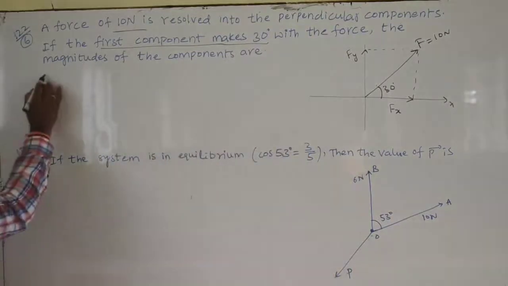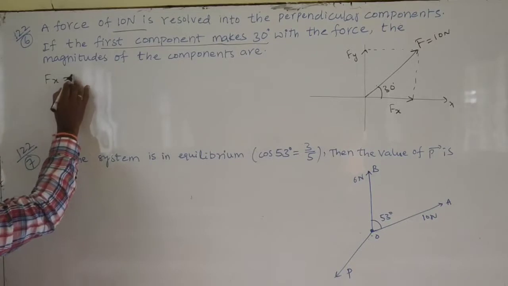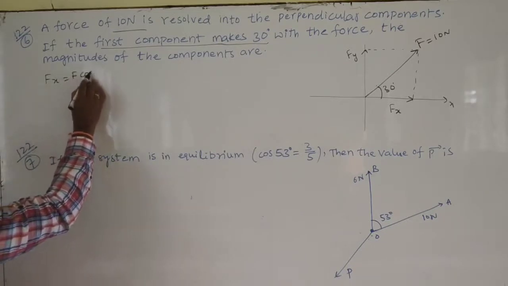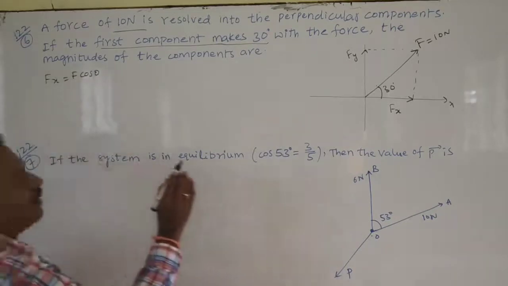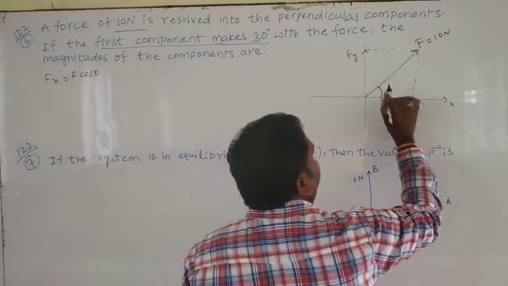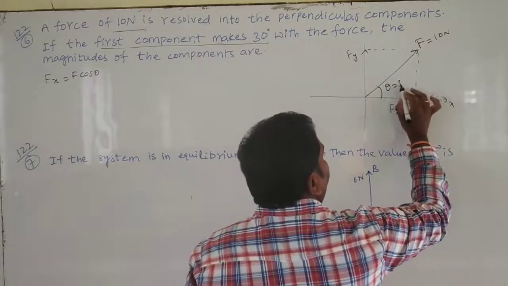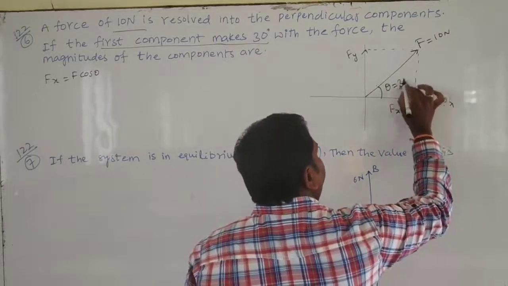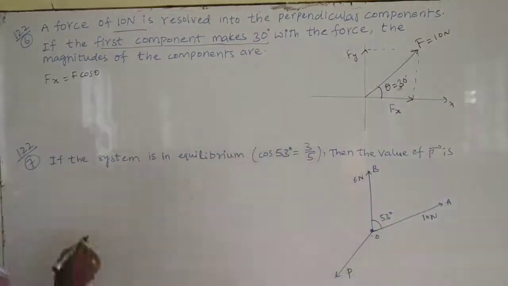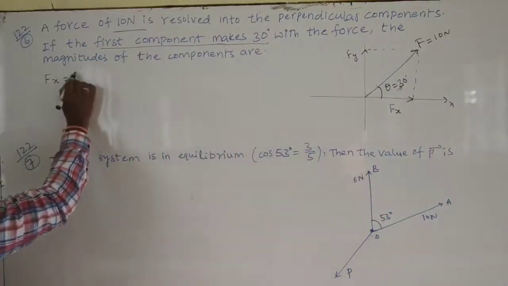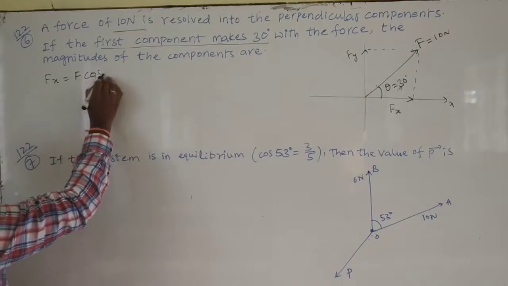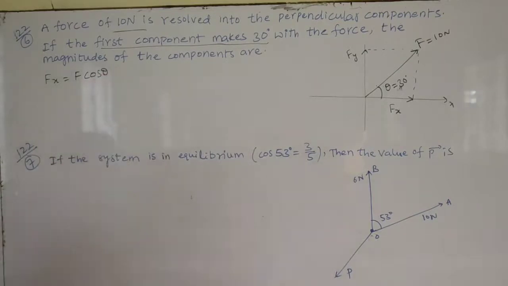So now we can write Fx equal to F cos theta, where theta is 30 degrees. What is the F value? 10.